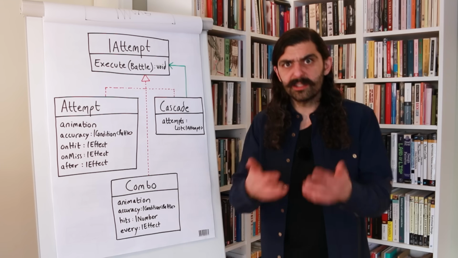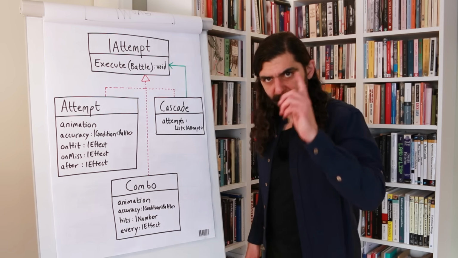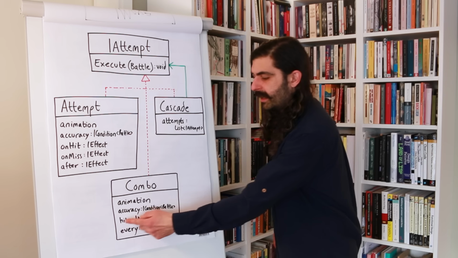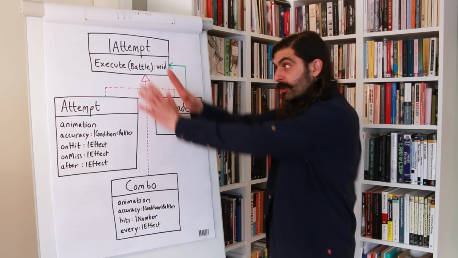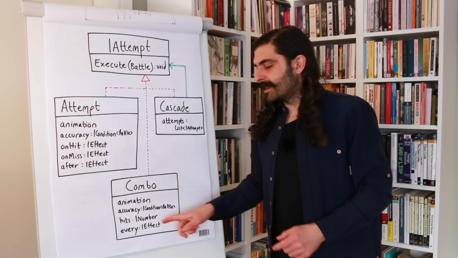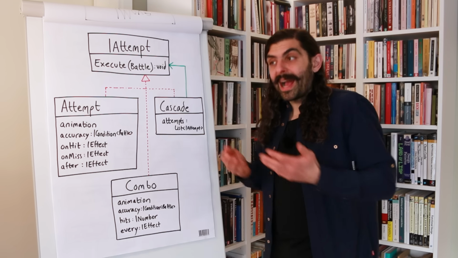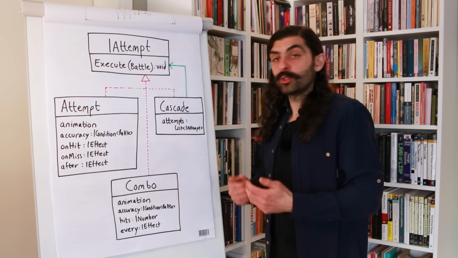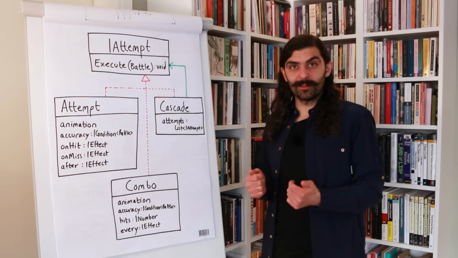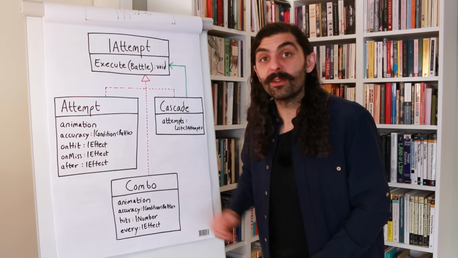And the hits is a number. Of course, we could say that it's a number, but we're going to be smarter than that. We're going to say hits is an I number. And we haven't talked about I number yet, but the point is I number is a number that's resolved after you pass it a battle context. After you pass it a battle, you will get back a number, right? Because that means that we can have very flexible numbers.